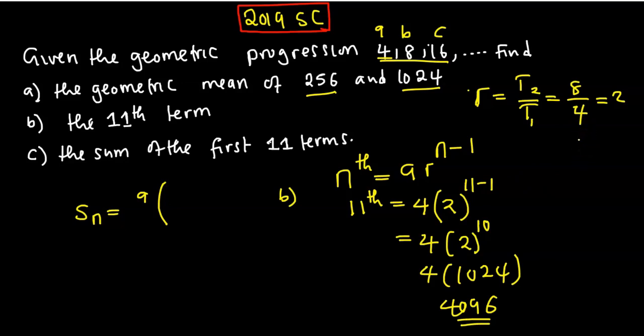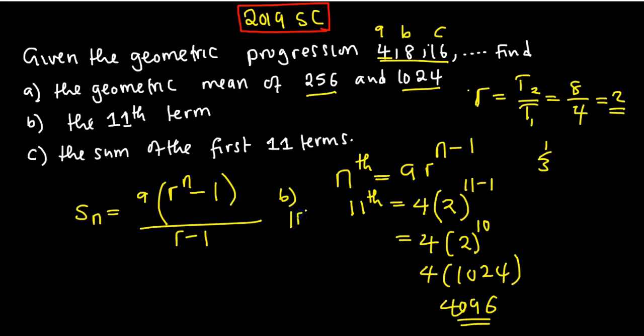If it's greater than 1, like in this case 2, you are going to use this version, where we say R to the power n minus 1, then divide by R minus 1. But if it was less than 1, let's say maybe 1 over 3, we are just going to swap these: the one starts with 1 minus R to the power n, over 1 minus R. So that is the one that you use.